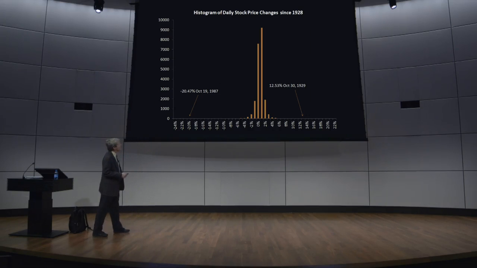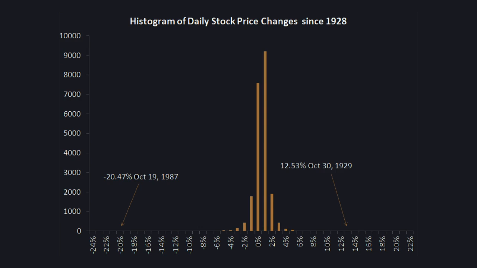So here is a histogram of daily stock price changes since 1928. What this shows is how many days there are since 1928, and it's tens of thousands of days.